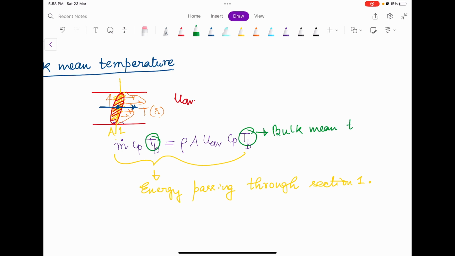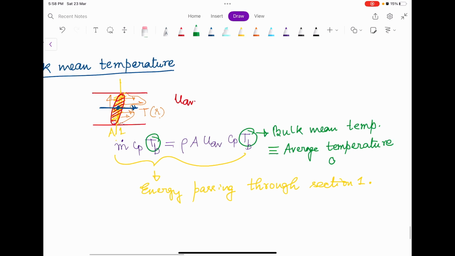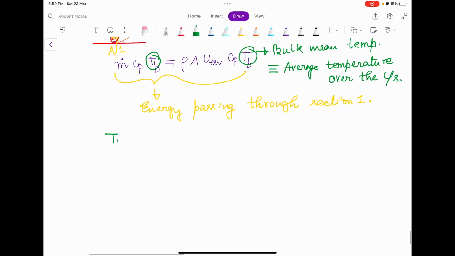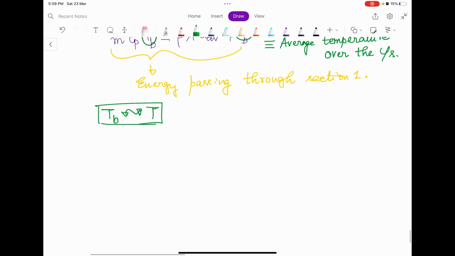It is the indication of the average temperature over the cross section. Now let us relate this T_b with the actual temperature profile. So given the actual temperature profile, how can you find T_b?